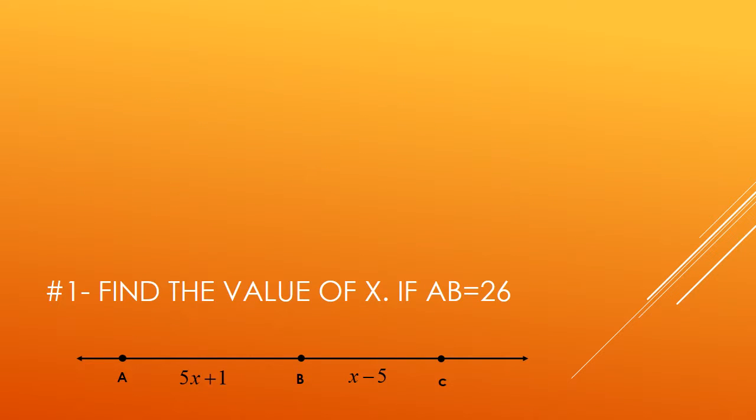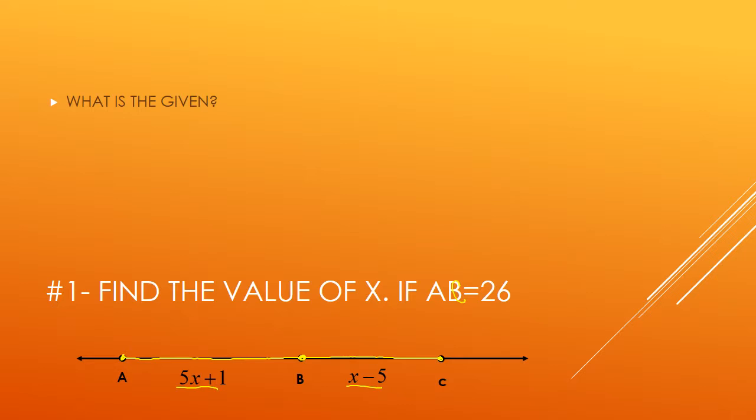Okay, first up, number 1, it says find the value of x given AB is 26. You can see here down at the bottom, this should say AC. AC is 26. So we have AC, this whole line, and then we're given this dot here and these values for AB and BC.